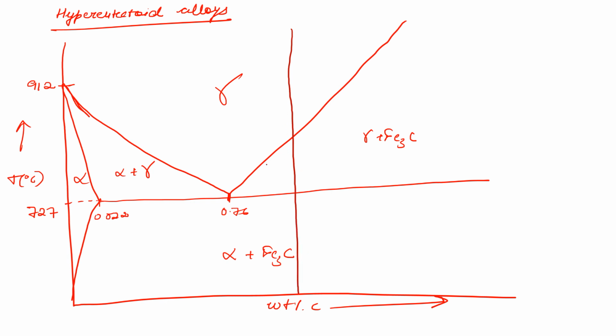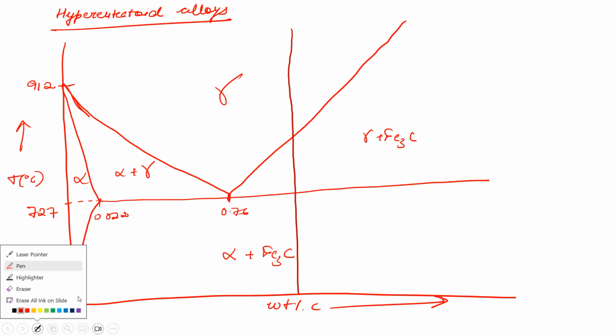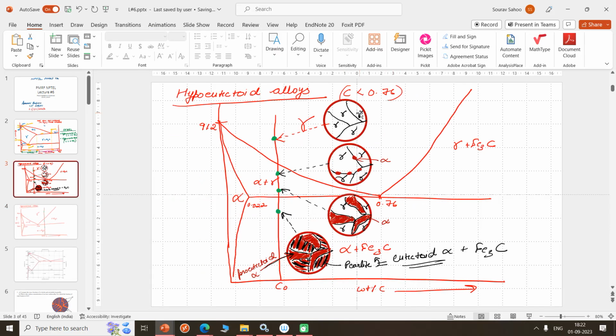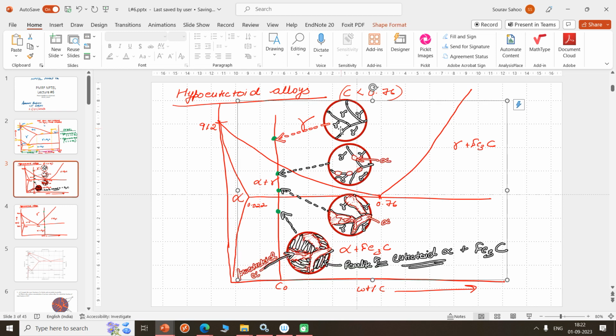We take a composition here somewhere, and let's say if you mark different points similar to the previous case here. Let's take 3 phase fields for simplicity, and we'll also draw the regions denoted by the same.